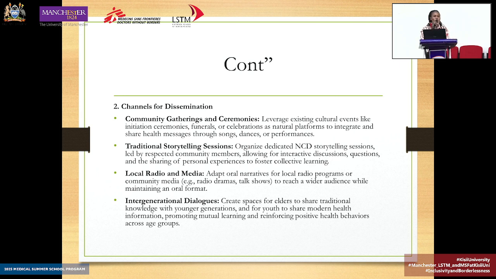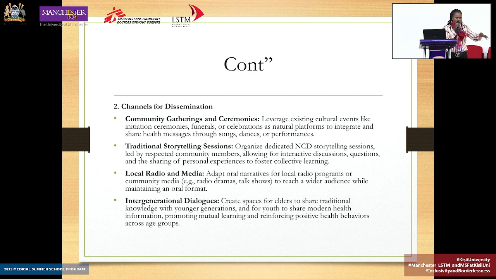Another thing, you can hold traditional storytelling sessions. In those olden days, we used to have evening storytelling sessions, whereby the grandparents used to meet the young children. They could narrate stories. So you can use that method.